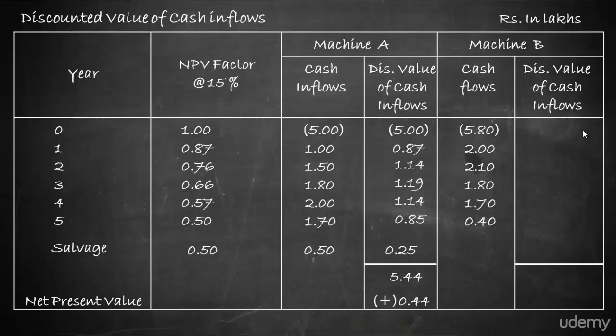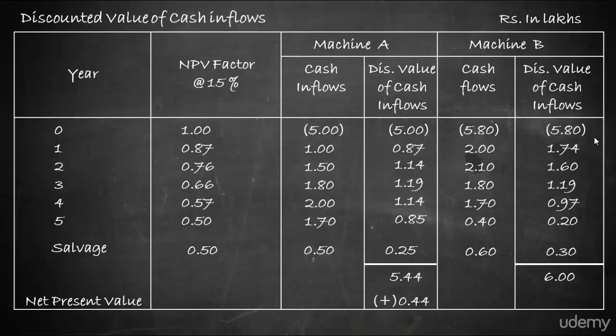So by multiplying year after year we get these values, and for mission B also there will be a salvage value at the end of its useful life, that is after 5 years, and that salvage value is slightly higher than mission A. Mission A had 50,000, whereas mission B will have 60,000. 60,000 multiplied by 0.5 is going to give you 0.3. So now we'll take total of all these cash flows starting from 1.74 to 0.3, and it is 6.